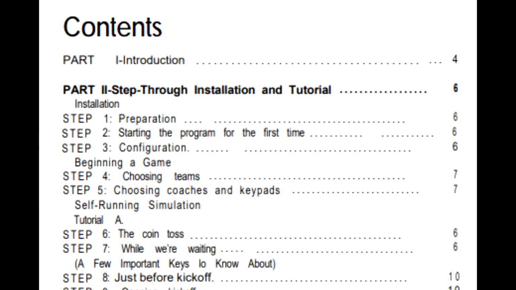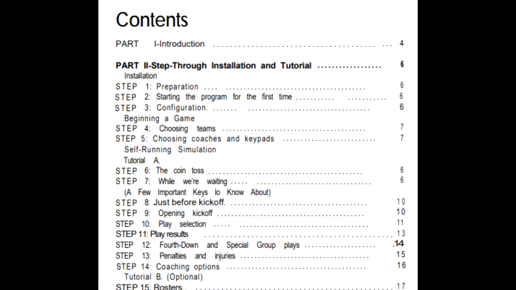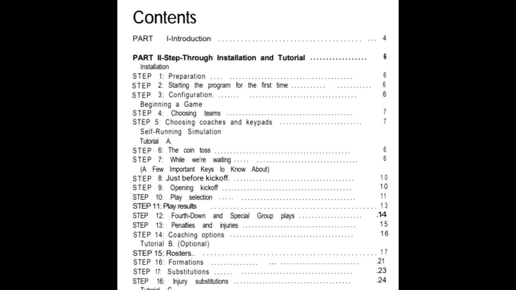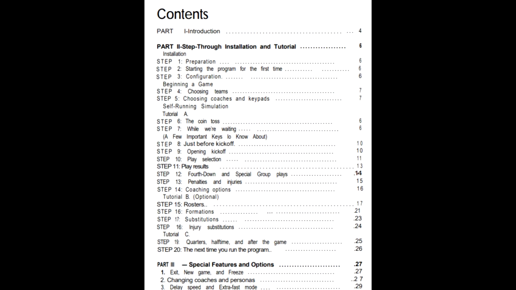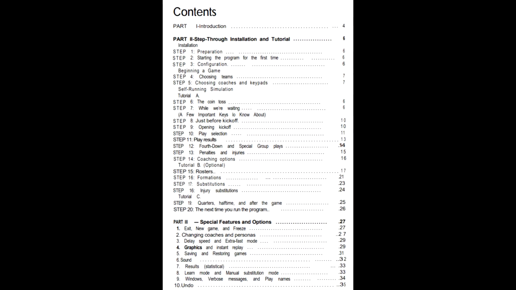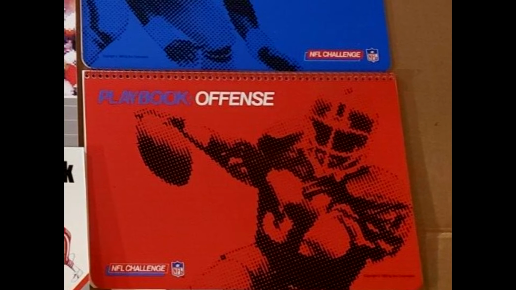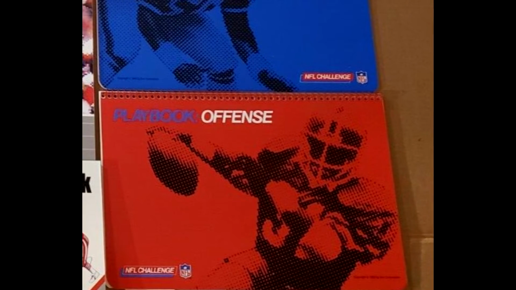They go into extensive detail about how to play the game, all the different buttons, a little bit of strategy, how to change the rosters, how to basically play the game. They really had to go into detail about it. With that said, the important part for us is that it also came with a literal playbook.